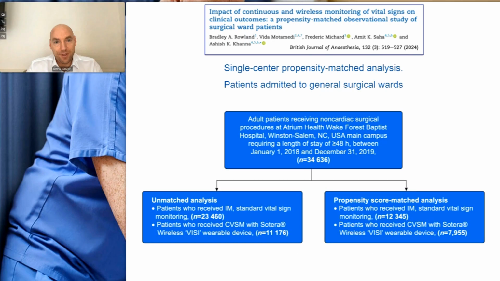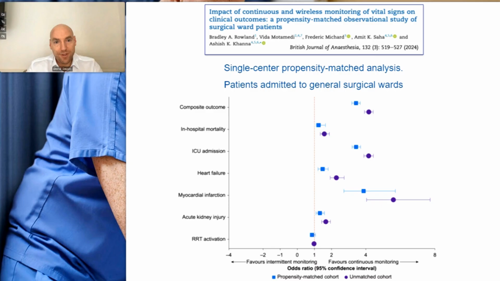Another single-center propensity analysis in patients who were monitored in surgical wards after surgery in the United States also suggests that continuous monitoring can improve patient-centered outcomes. And this also included in-hospital mortality, admission to an ICU, or myocardial infarction.